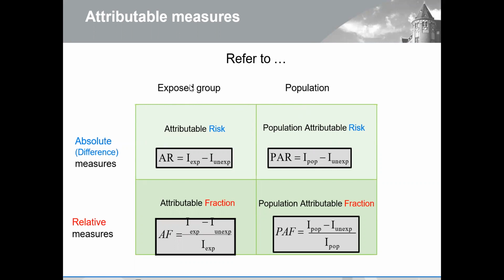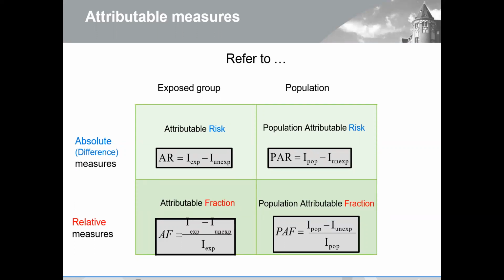In the exposed group, we have the attributable risk. This is the formula: the attributable risk is the incidence in the exposed group minus the incidence in the unexposed group. I hope you remember from the last lecture how we calculate this, looking at our 2x2 table.